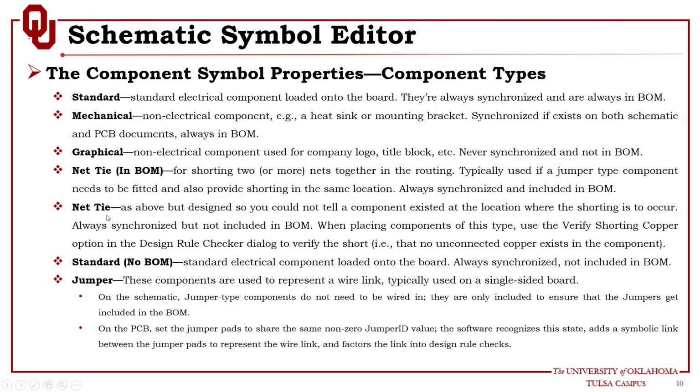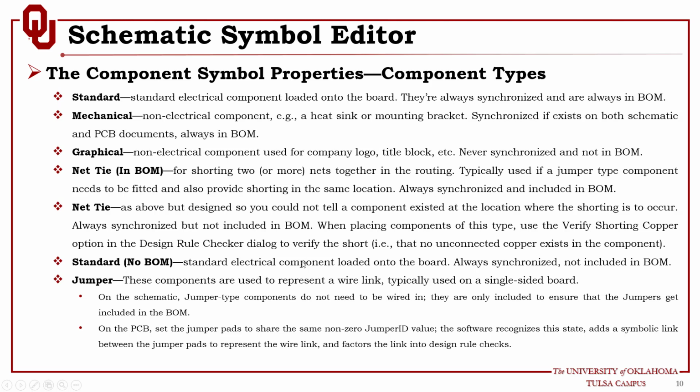So the net tie also could be not included in the bill of material if it's just a wire or a trace on the PCB layout itself. So it can be a net tie without bill of material. The standard no bill of material is exactly similar to a standard electrical component.